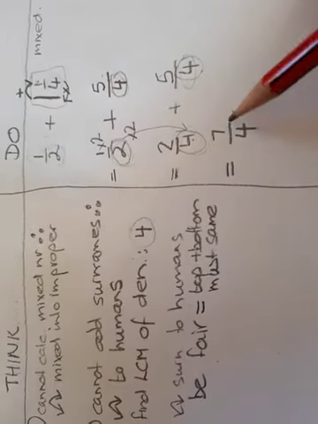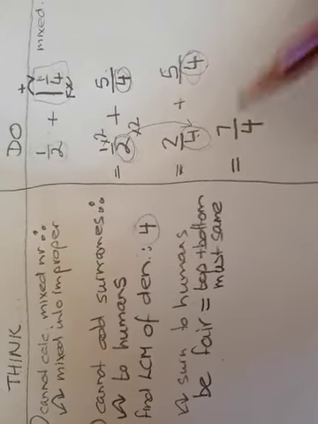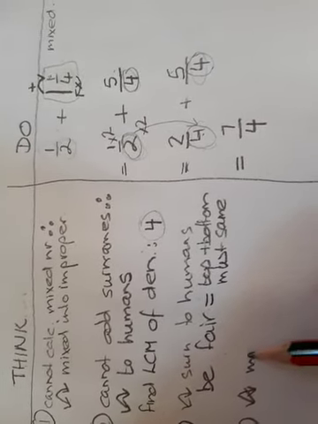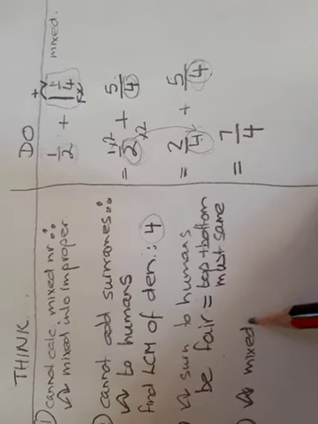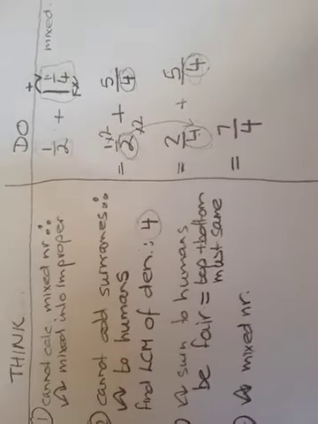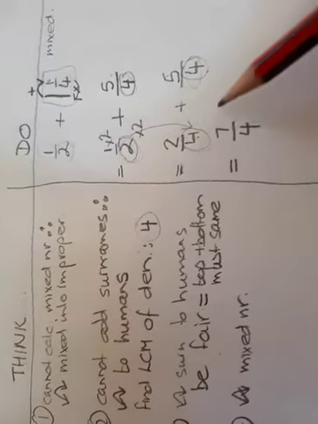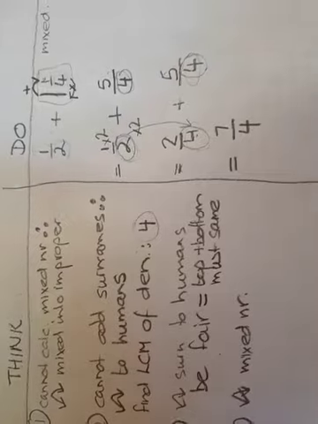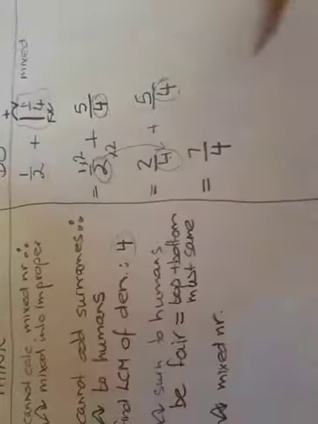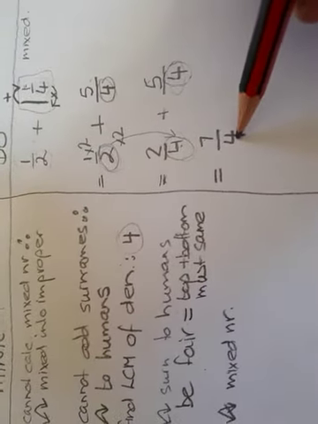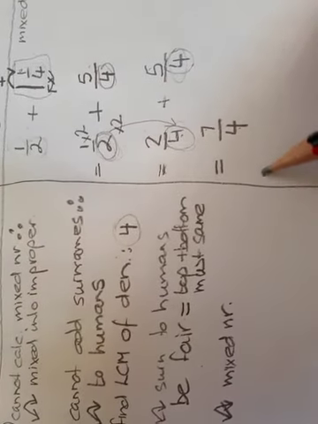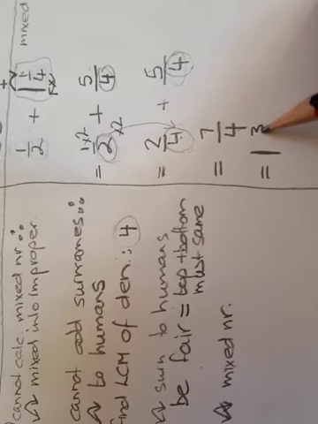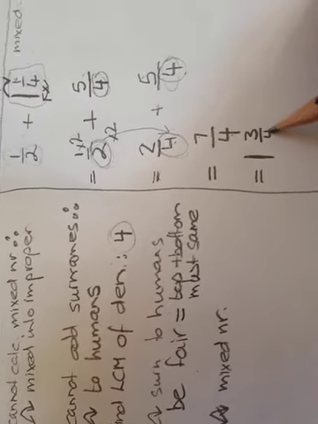Okay, and since this is an improper fraction, you again, as the last step, have to change that back to a mixed number, preferably. Although lots of maths teachers just leave it as an improper fraction. So how do we do that really, people? You say 7 divided by 4 gives you 1 whole with a remainder of 3 quarters.